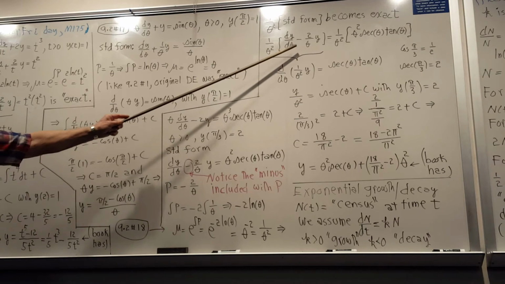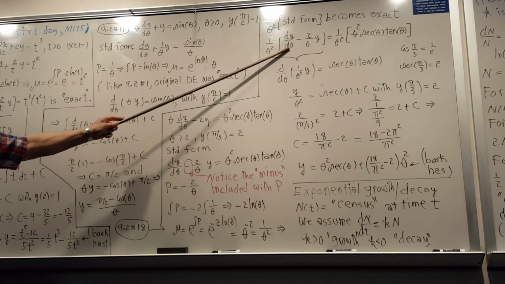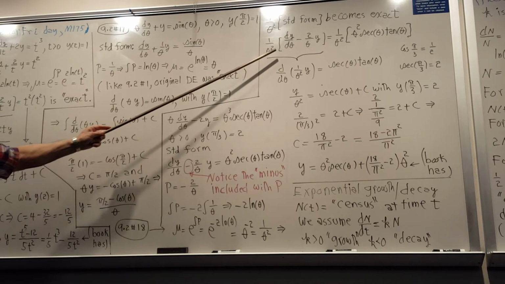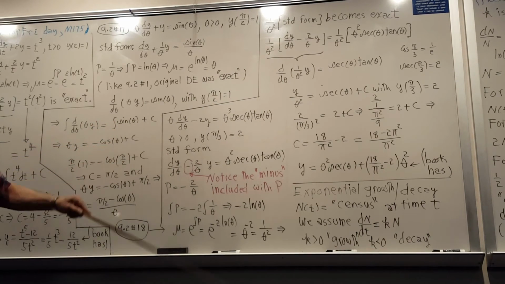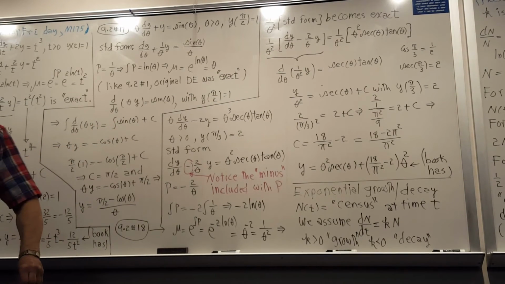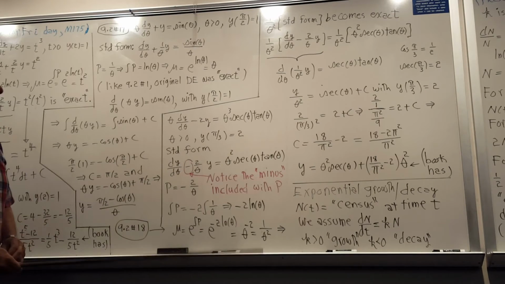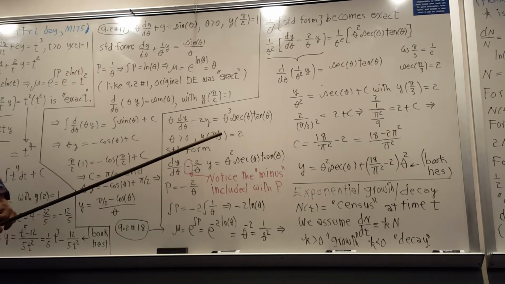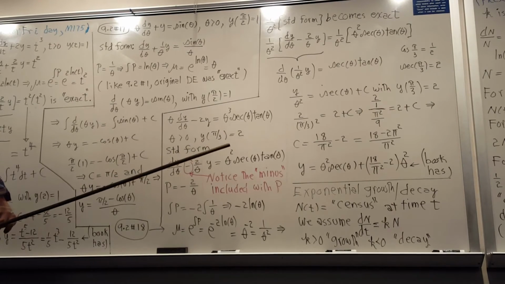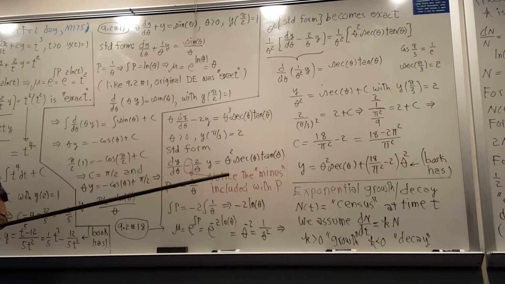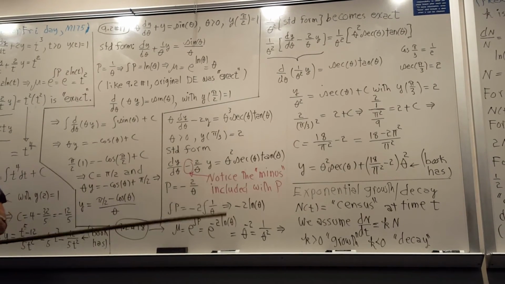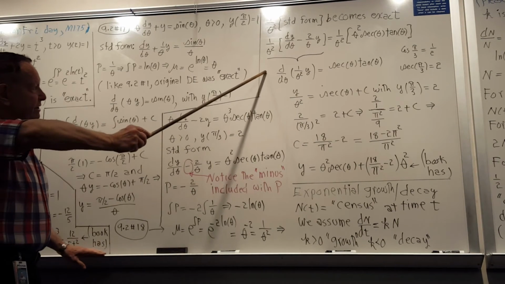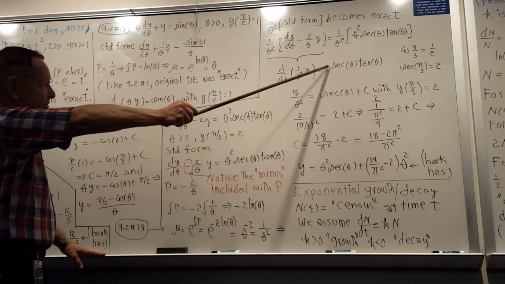So this now is the derivative of the product, all of it, because your integrating factor makes it so. And so it's the derivative of the product of 1 over theta squared times y, or it's y over theta squared. So then you slap on the integral signs.